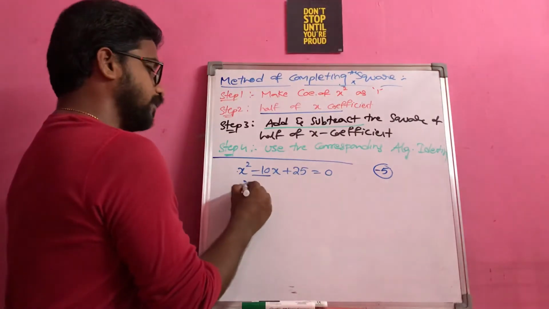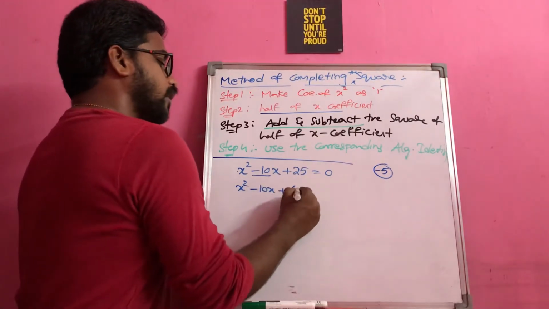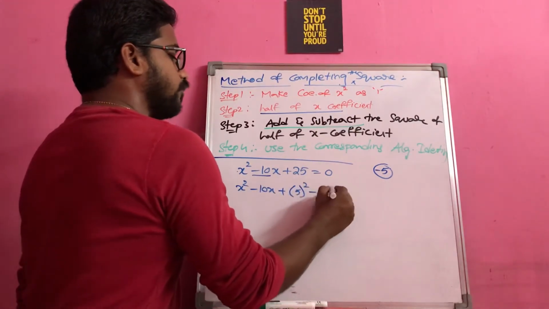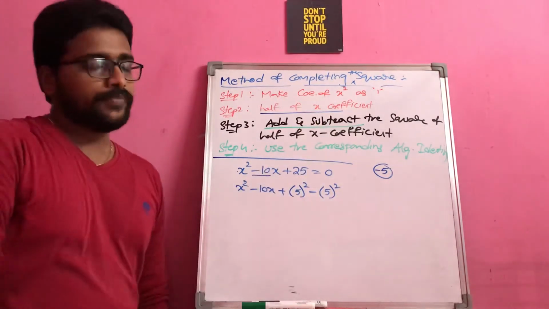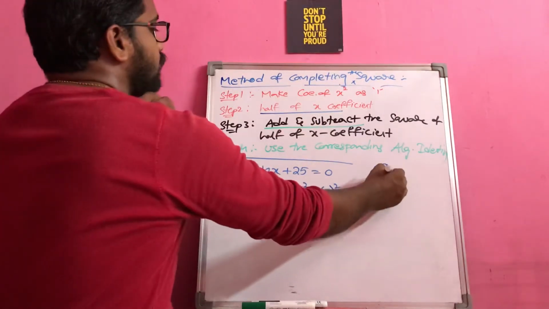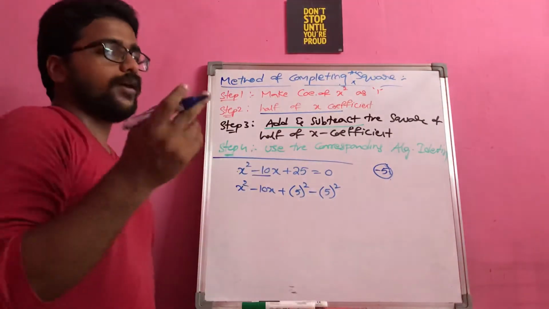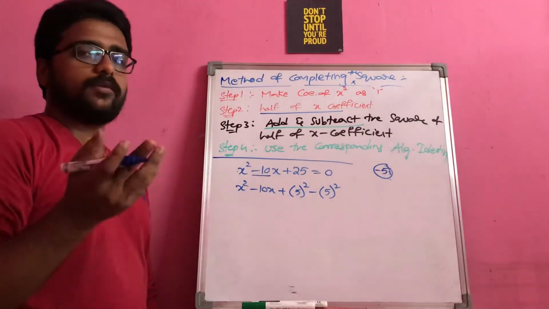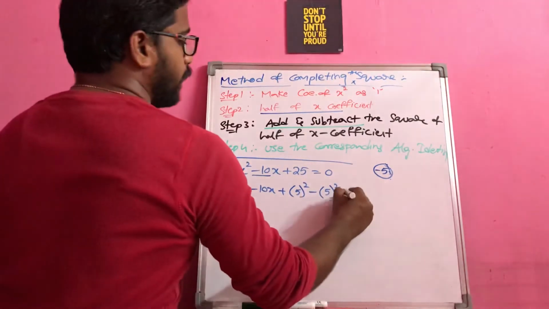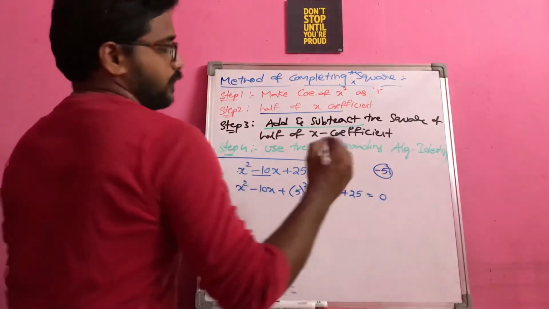So next step, add and subtract the square of half of the x coefficient. So I am going to add and subtract this minus 5 whole square, and we know that the square of a negative number or a positive number will be the same only. So for my convenience, I am writing it like this.